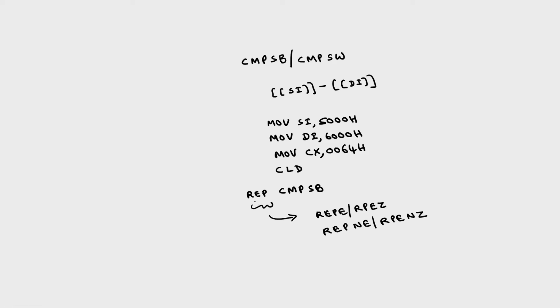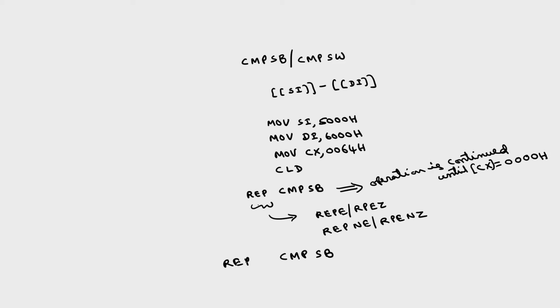In case of a repeat, this operation will be continued until CX is equal to 0, that is, the contents of CX equal 0000H. Instead of repeat, if I write compare string byte, repeat equal, then under two conditions this operation will be repeated.